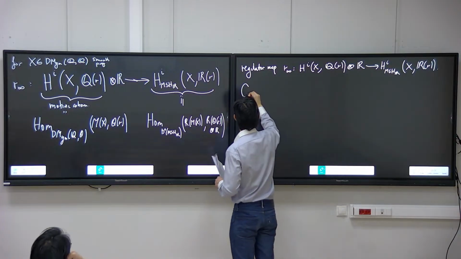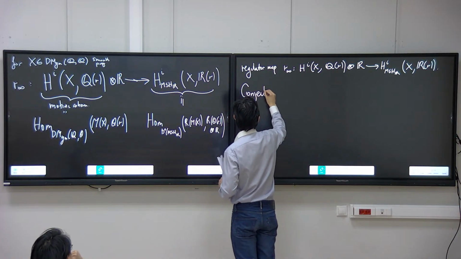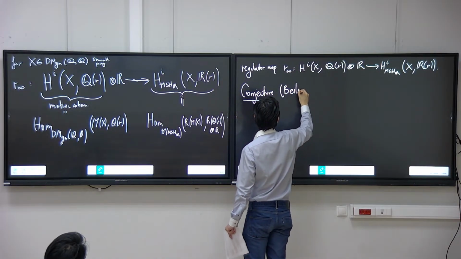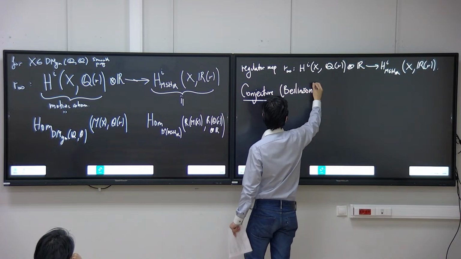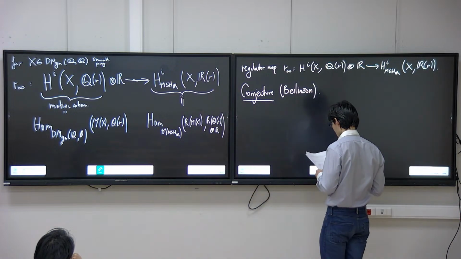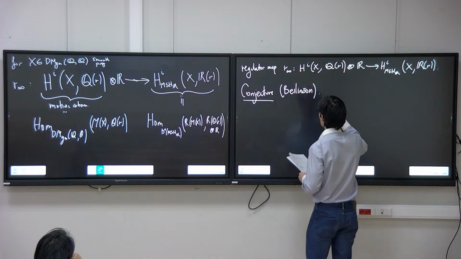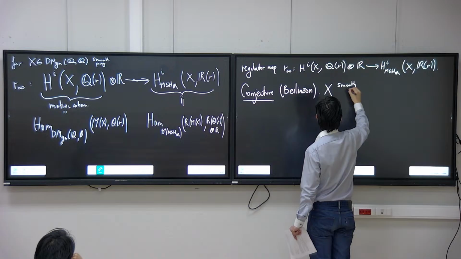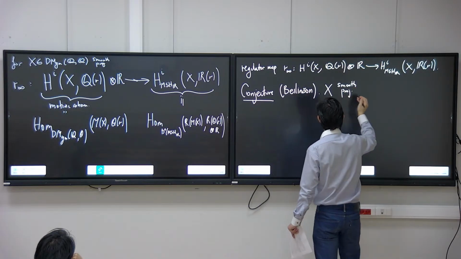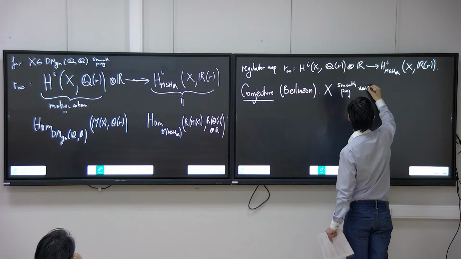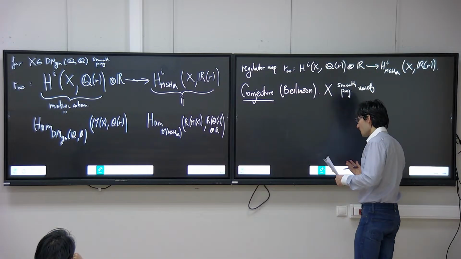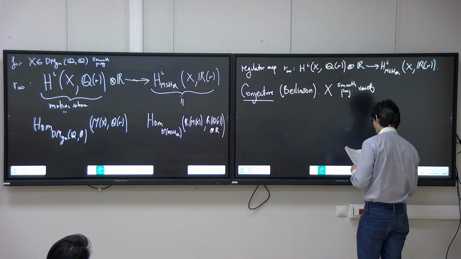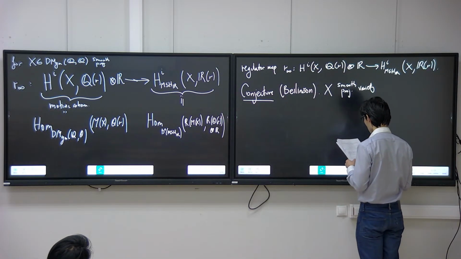So I keep the same X, which will be a pure smooth projective variety, but there are also several extensions of Beilinson's conjecture to mixed settings, the finite type setting, but we won't discuss them.